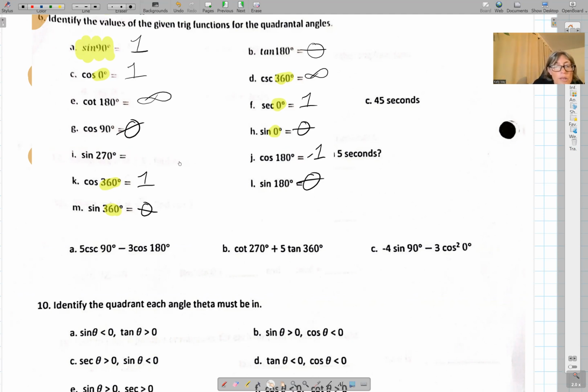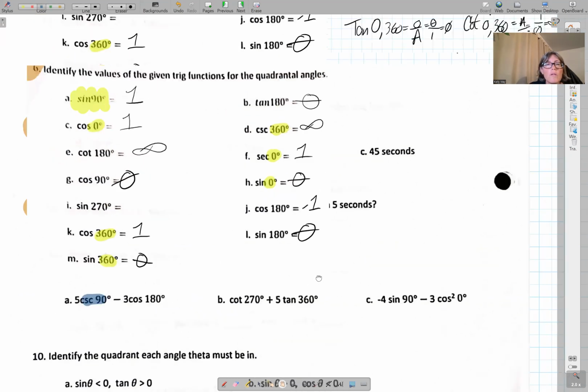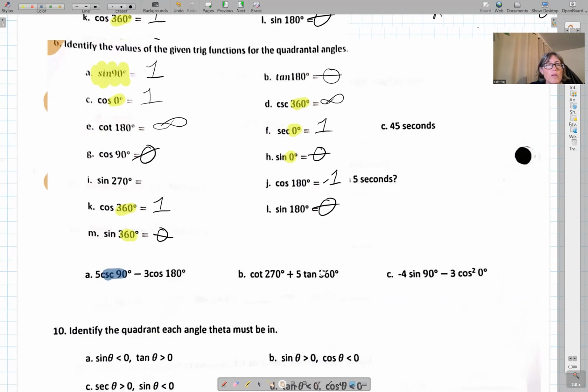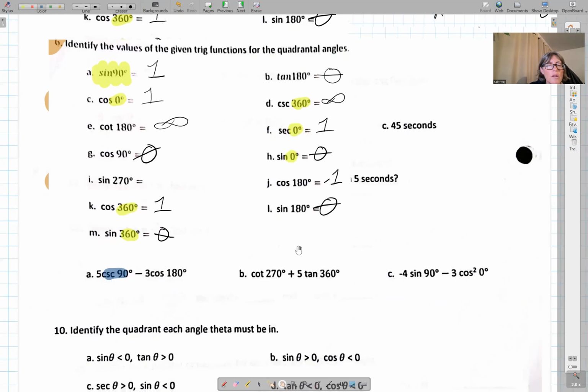So knowing this, let's color code this. Cosecant 90.